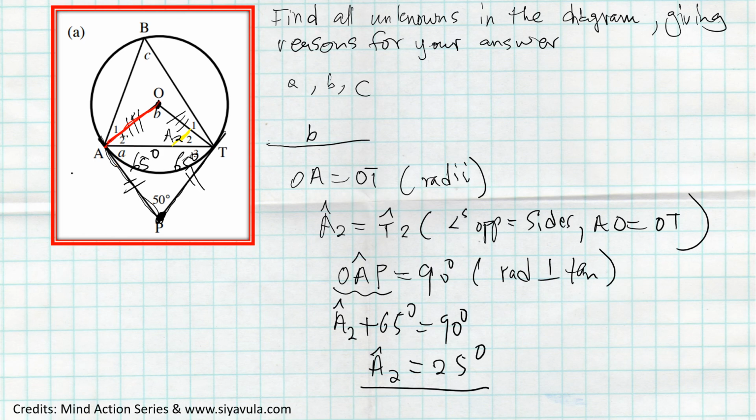So where there is A2, I'm just going to put 25 degrees. We have already said A2 is equal to T2, meaning that also there we can put 25 degrees and go and solve for our angle B. Can you see it's very, very important that you recall those theorems that we did, to say a radius is perpendicular to a tangent, thinking of the geometric basics that we started with in our session 1.